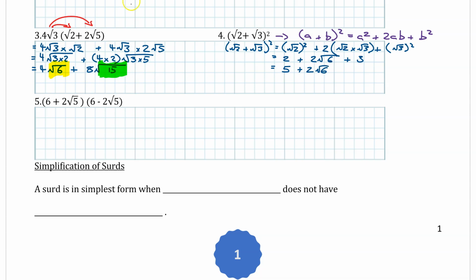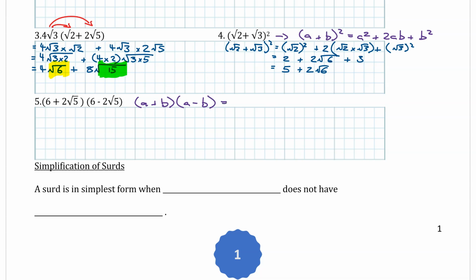Perfect. And then example 5, we've got 6 plus 2 root 5 and 6 minus 2 root 5, and they're being multiplied together. So in example 4 we saw the perfect square. In this one we see the difference of two squares. So a plus b times a minus b.